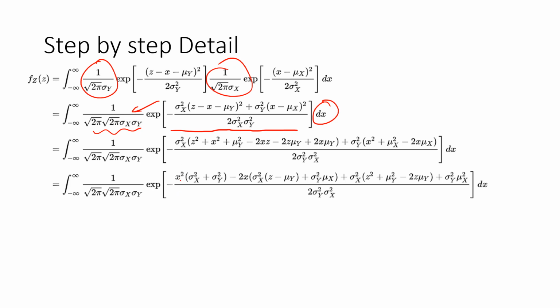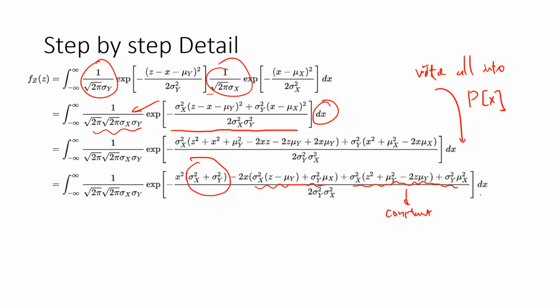This term contains 6 terms, because it has 3 terms squared, and 2 more terms. So you expand it and combine it as a polynomial of x: x squared has this, minus 2x has this, and the rest is just a constant.